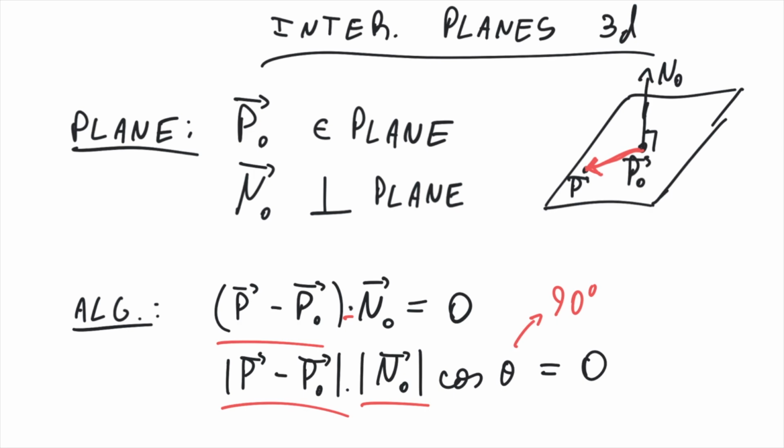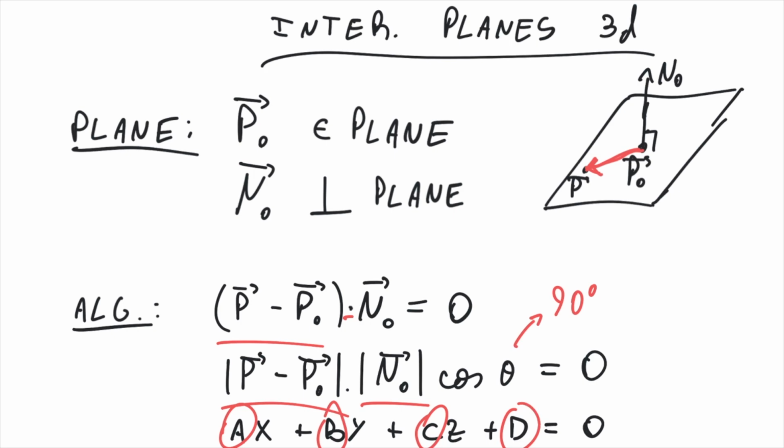So this algebraic representation comes from this equation, and if you parse it out, you can see that it means ax plus by plus cz plus d equals 0, where a, b, c and d are related to the constants P0 and N0, defining the point and the normal to the plane.